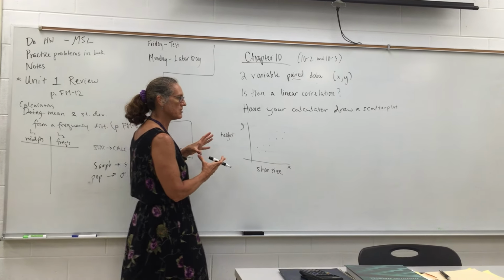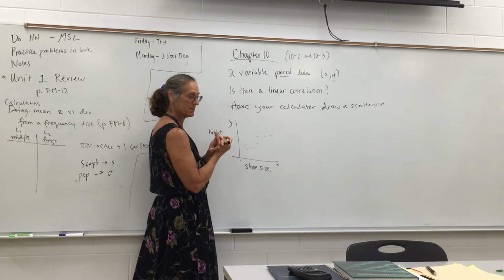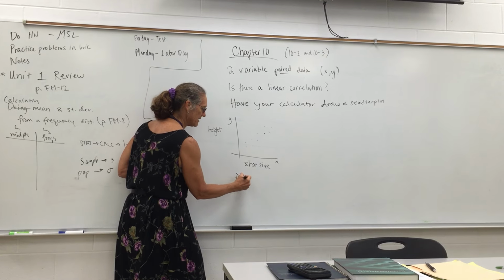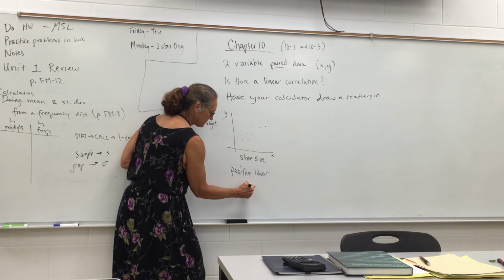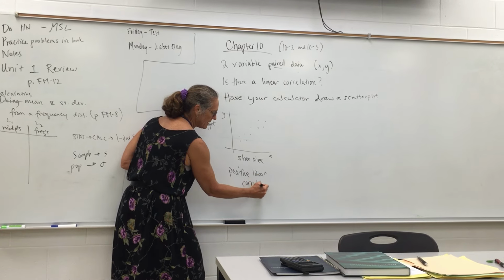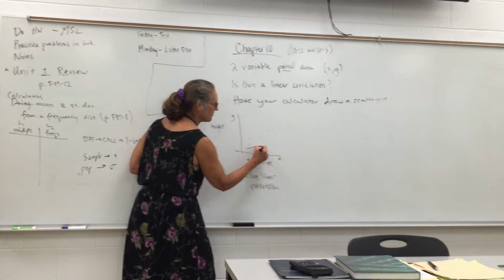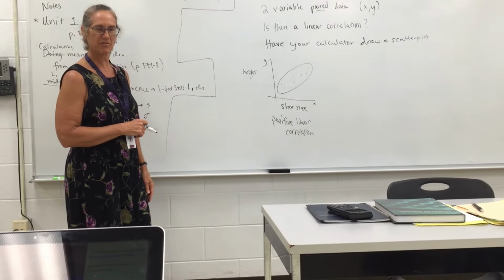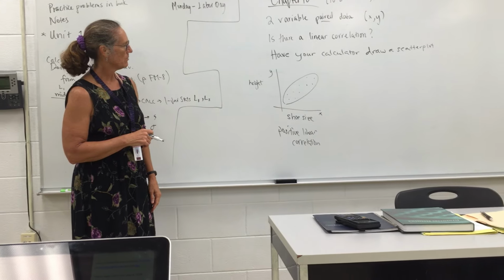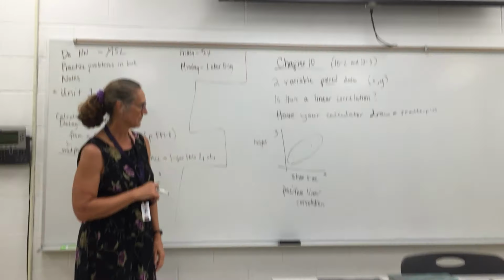But in general, there's this upward trend. Okay? So that would be a positive linear correlation. And roughly speaking, they say if you can draw an oval around those points, that means there's at least a rough or weak linear correlation.